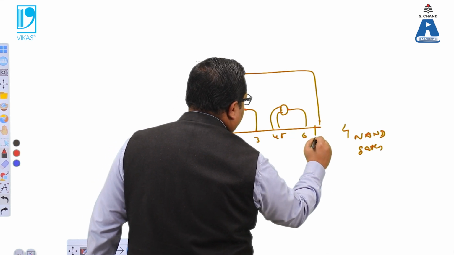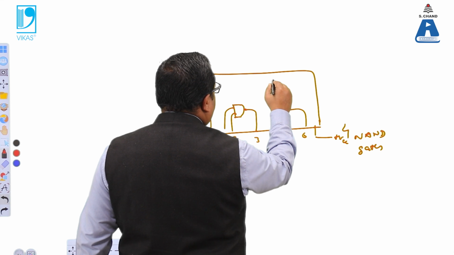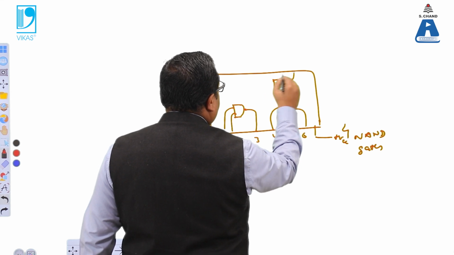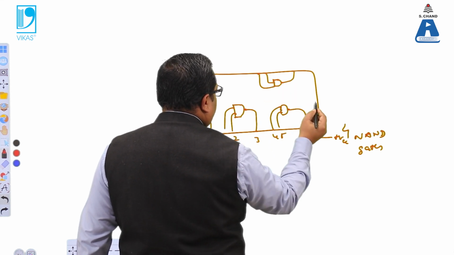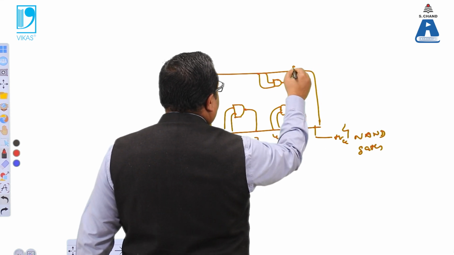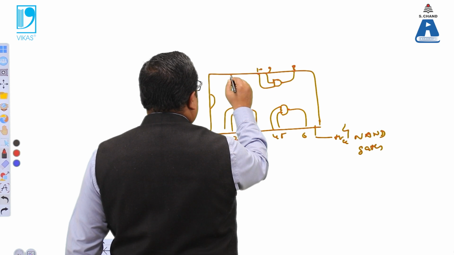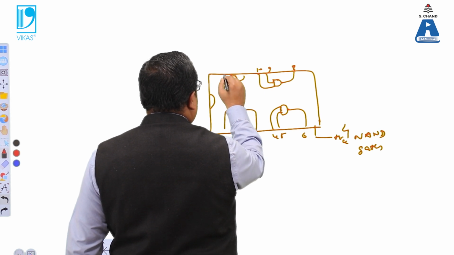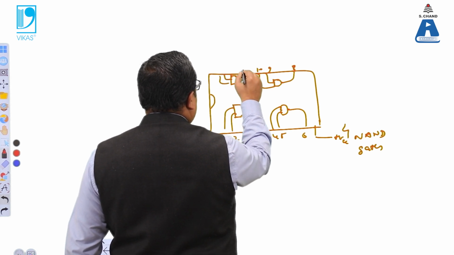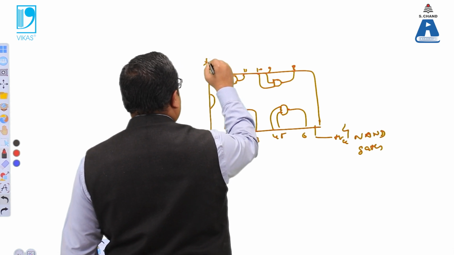This is the supply, let it be VCC. And in the same way, we'll make the upper side, pins 8, 9, 10, and then again there is output 11, 12, 13 and 14 will be again minus VCC.